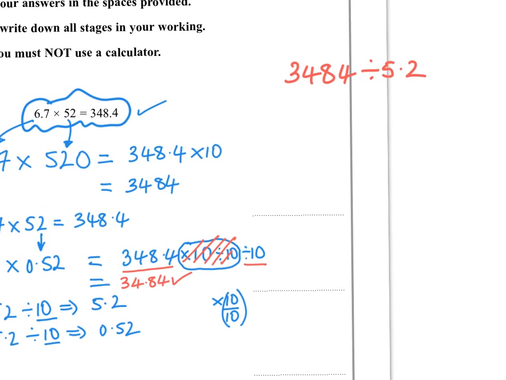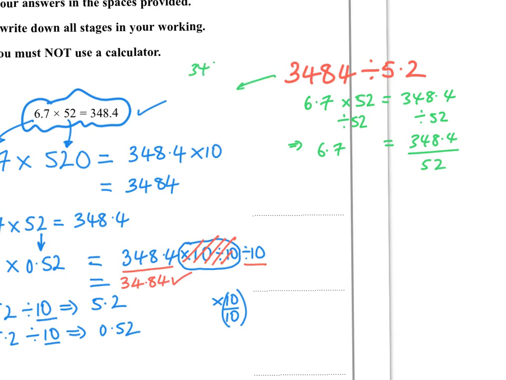So first of all I would write down 6.7 times 52 is 348.4, and I would divide both sides by 52, and that would give me 6.7 is the same as 348.4 divided by 52, but I want here 3,484 divided by 5.2. That's the same as in fractional form.